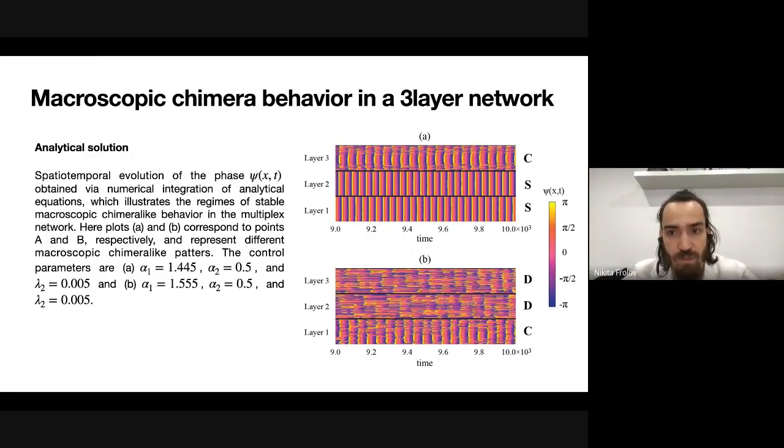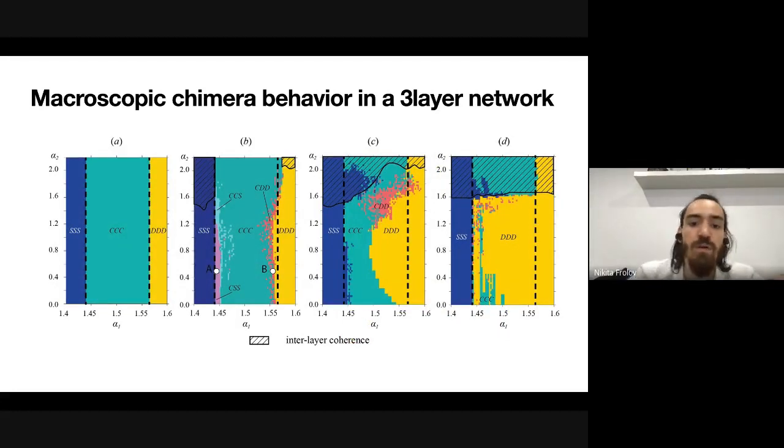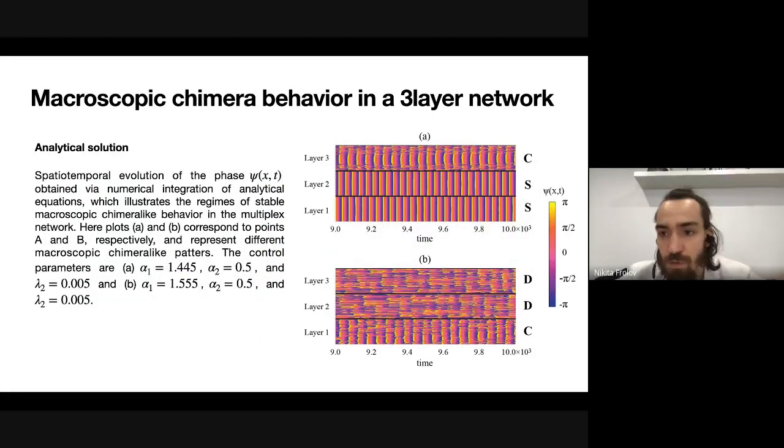We proved our results also with the analytical approach, which was the same as in the case of the two-layer network. Here we constructed the network dynamics in the points A and B in the case of weak coupling, and we found that there is a stable analytical solution governing the effect that we address, namely the macroscopic chimera-like behavior.